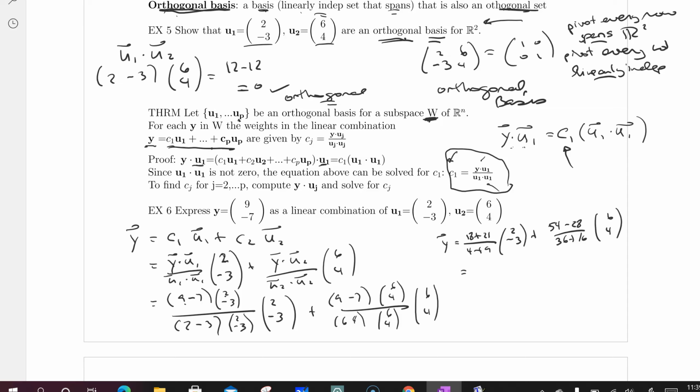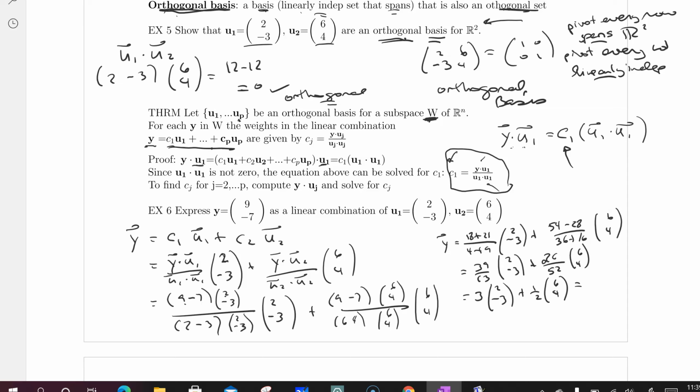So 18 plus 21 gives me 39 over 13 times this vector 2, negative 3, plus 54 minus 28 gives me 26 over 52, times 6, 4. So 39 divided by 13 is 3, times this vector 2, negative 3, plus 26 over 52, which is the same thing as 1/2, times 6, 4.